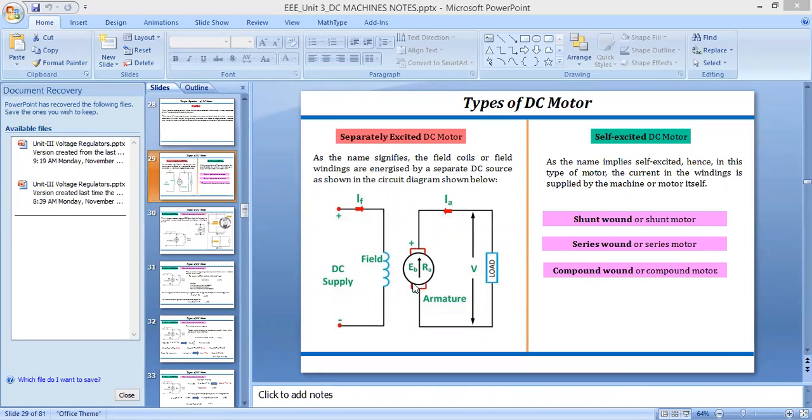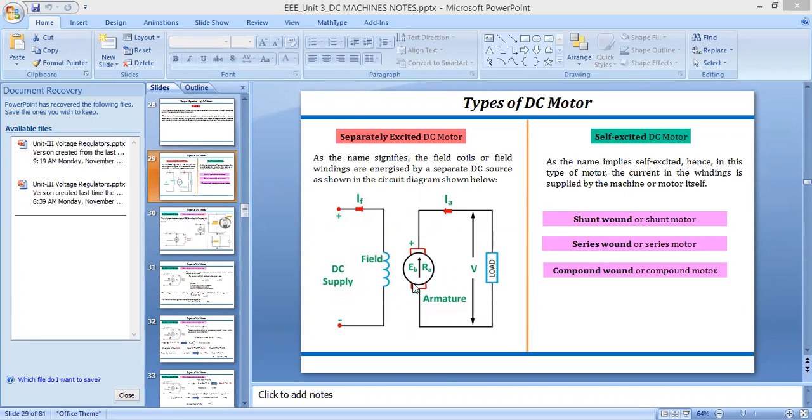Then we have seen the EMF. We know when we give the power supply to the DC machine, there will be generation of magnetic flux. As we are using the armature as a conductor, when the magnetic flux is cut by the conductor, according to Faraday's law EMF will be generated. Then we studied the EMF equations.